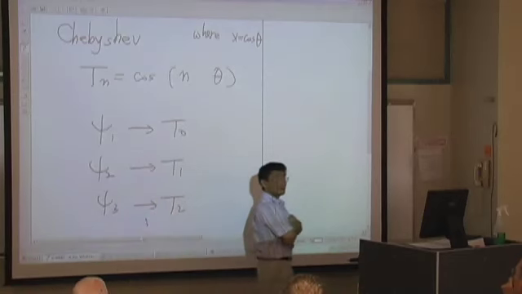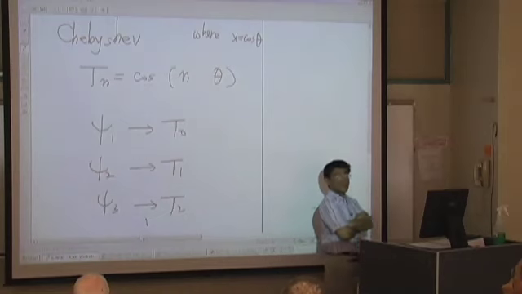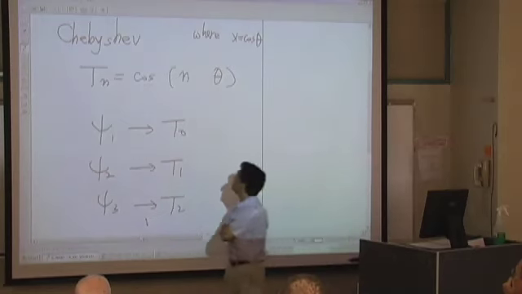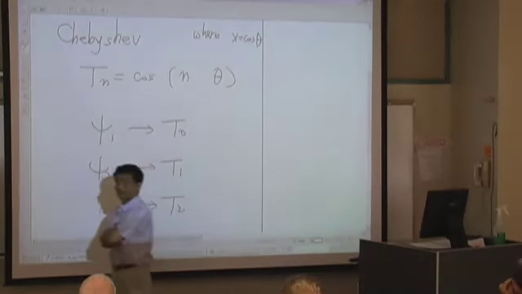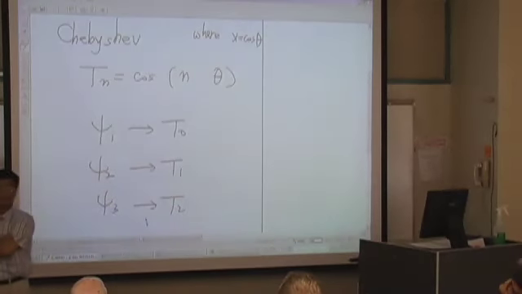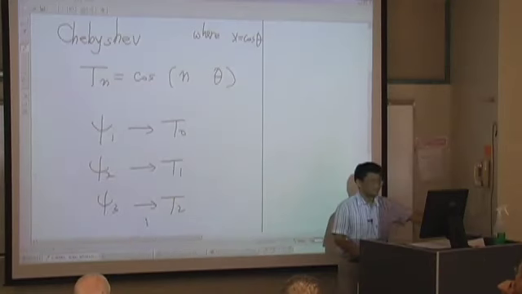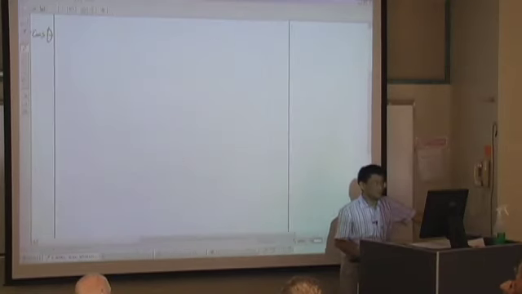Any questions or comments? Then how can you calculate cosine n theta if you know cosine theta? That is the next thing. So I will explain it. Take a look.